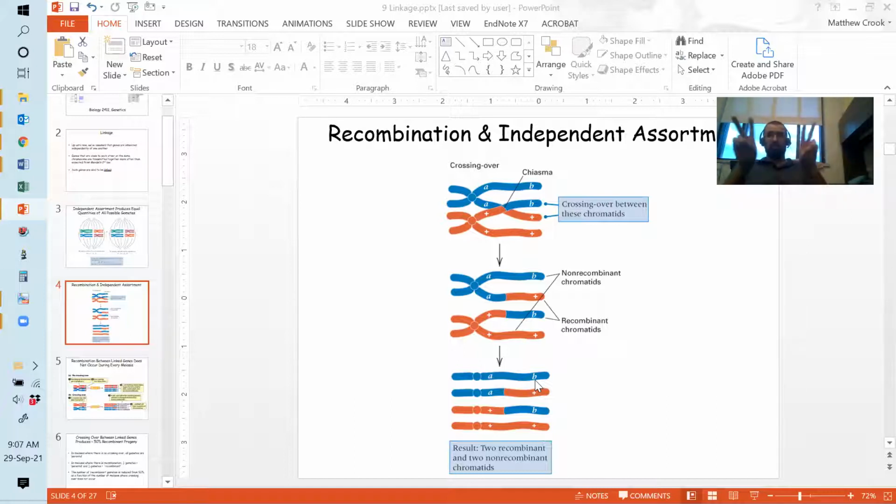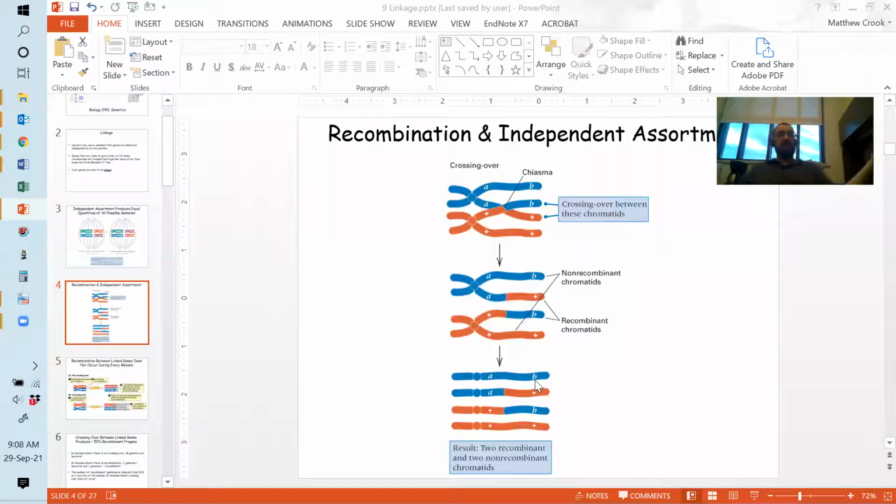So the homologous chromosomes pair up, cross over, and it's the non-sister chromatids next to each other that undergo recombination. The ones on the outside, the periphery, do not. So if you get 50% recombination frequency, you can't get any higher than that because the ones on the outside can't recombine.